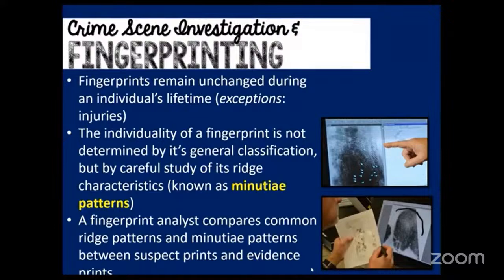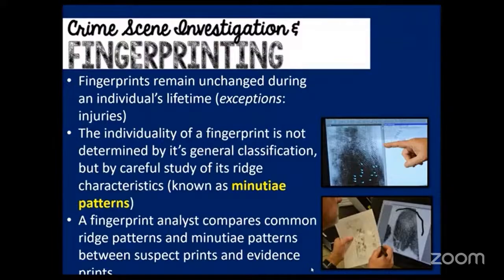So fingerprints are actually formed in the womb, and they stick with a person throughout their lifetime. Now, there are some exceptions. For example, injuries. So if you have ever been cut on your fingertip and you have a scar, then that would be an example of a way that your fingerprint would change throughout your lifetime. But for the most part, fingerprints remain unchanged.